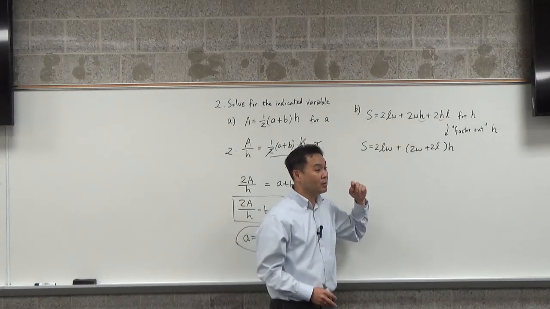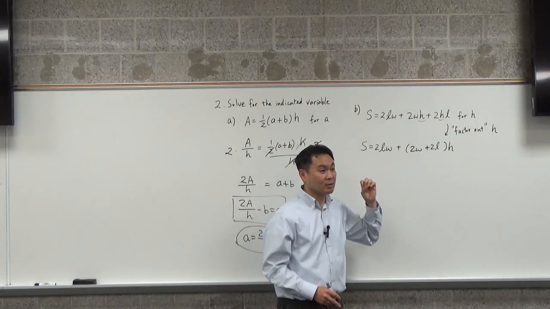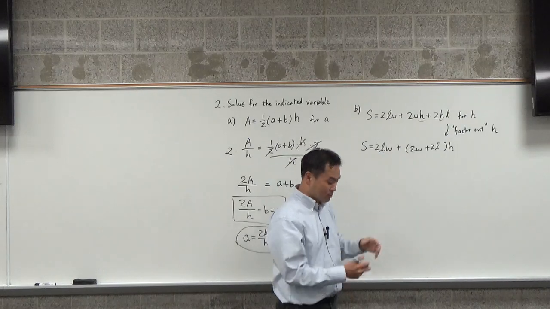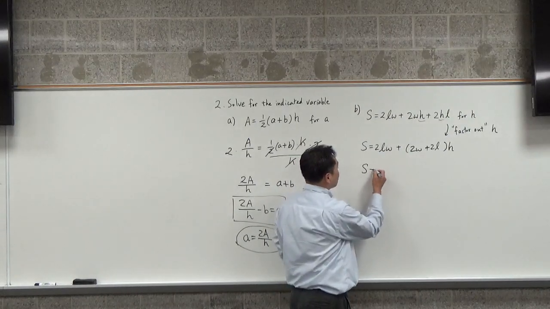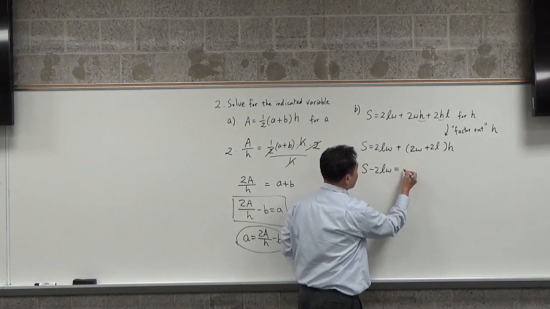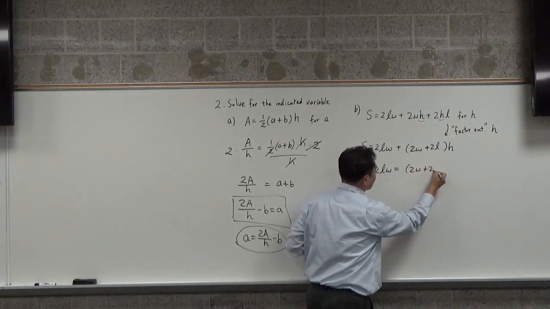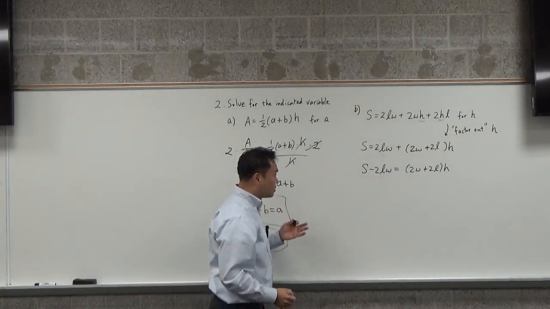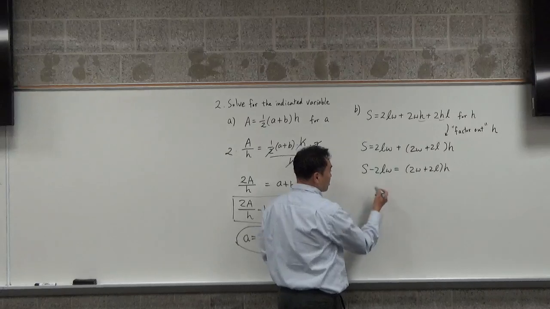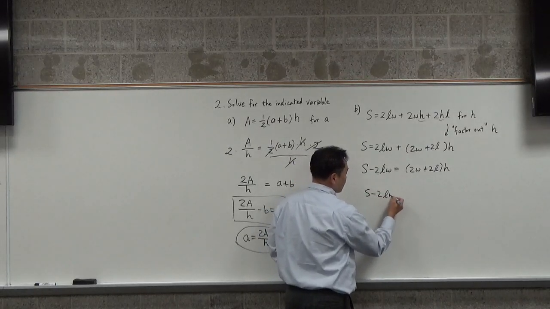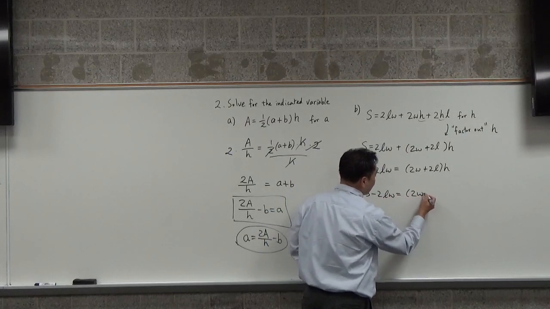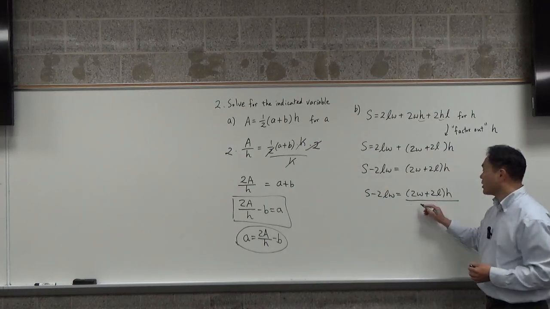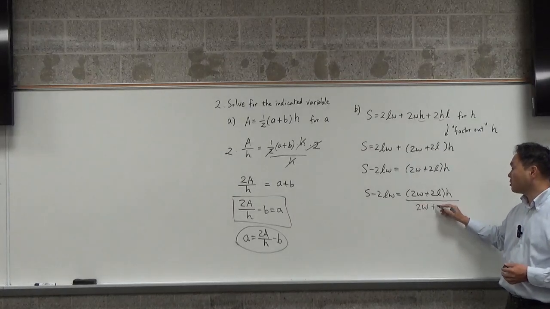Yeah, the addition should go away first. So 2LW should go away first, okay? So you subtract 2LW, S minus 2LW equals 2W plus 2L times H, just like that. And now once you're done with that, you have to get rid of the entire 2W plus 2L by dividing by 2W plus 2L.